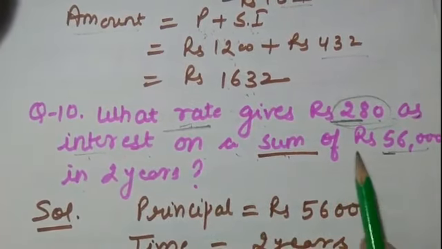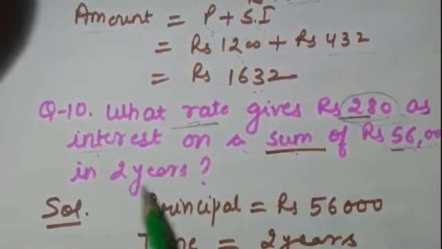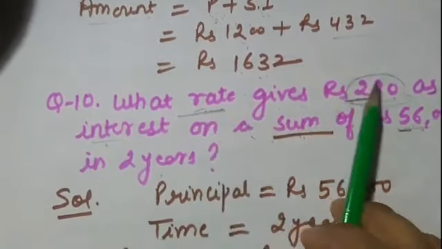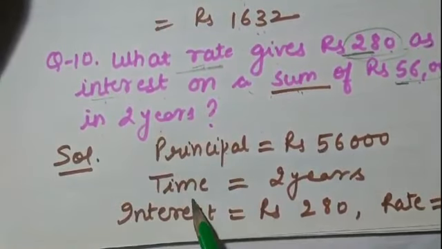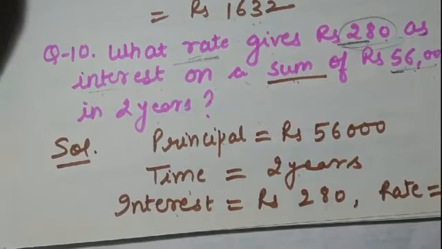Sum means principal, and here principal is 56,000 and time is 2 years. We have to calculate the rate.